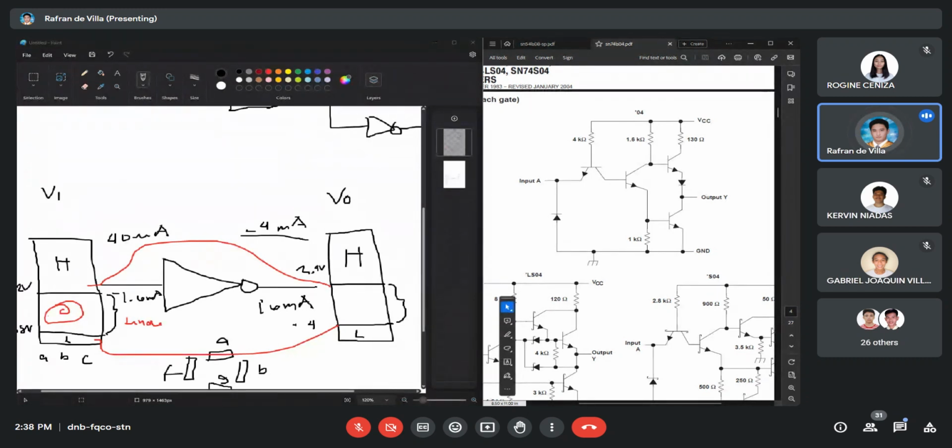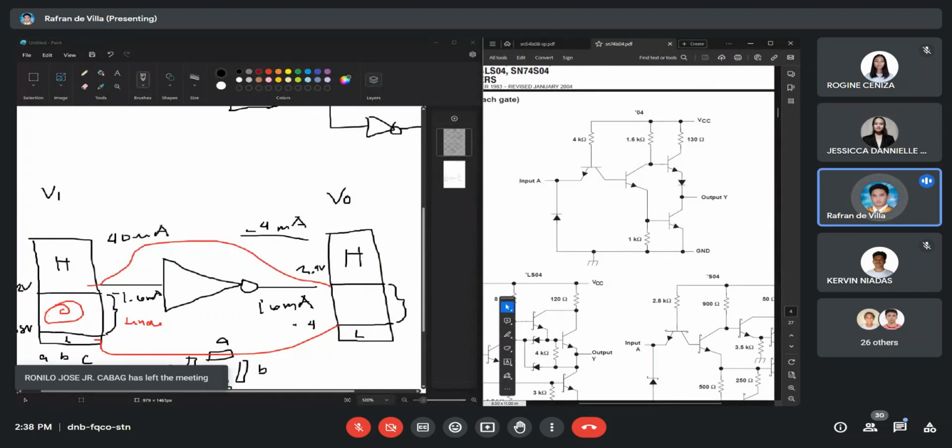Okay. Mandresa, are you with us? Absent si Miss Mandresa. Sige, Miss Mandresa, can you explain to me as to why mas dako ang current output low kaysa current output high? What could be the reason?